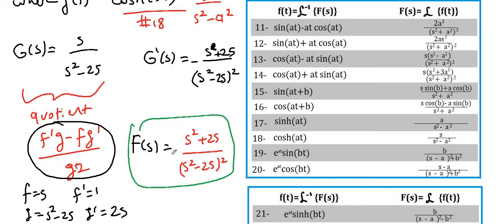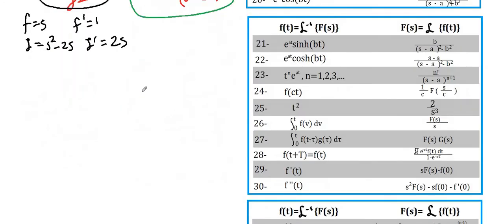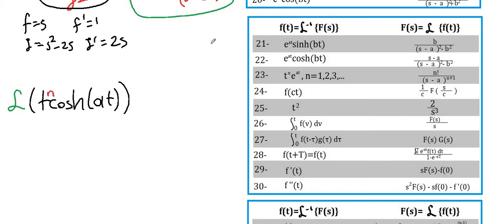We can actually formalize a t times cos of at function like this. So Laplace of t to the nth times cos of at will be this.